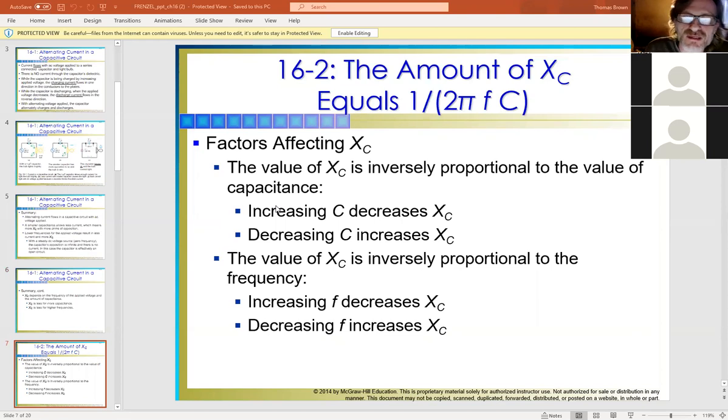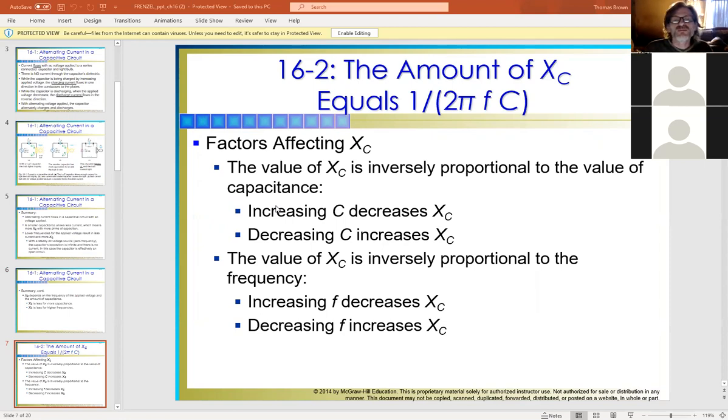So now we get into a little bit of math, just playing with what occurs when we do these things. If we look at the factors affecting X of C, in our statement it's 1 over 2 pi FC. Well, 2 stays as 2, pi stays as pi. So the only two things we have left that can vary are the frequency and the capacitance.